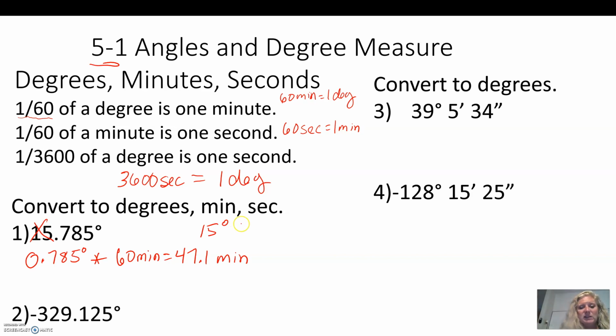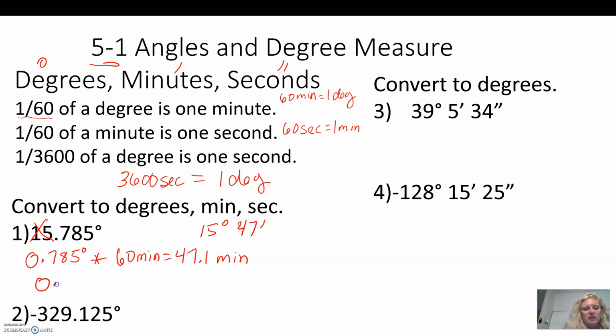That means I've got some seconds in here too. So I'm going to say 47 minutes. Minutes are denoted by a single apostrophe. So we got degrees, minutes, and seconds. Seconds are denoted by the quotation mark. Minutes' symbol is the apostrophe.